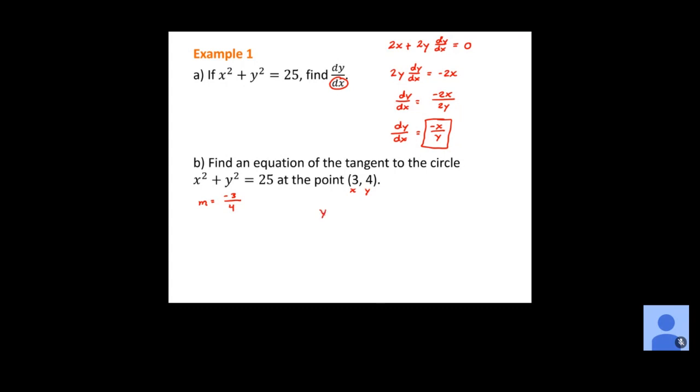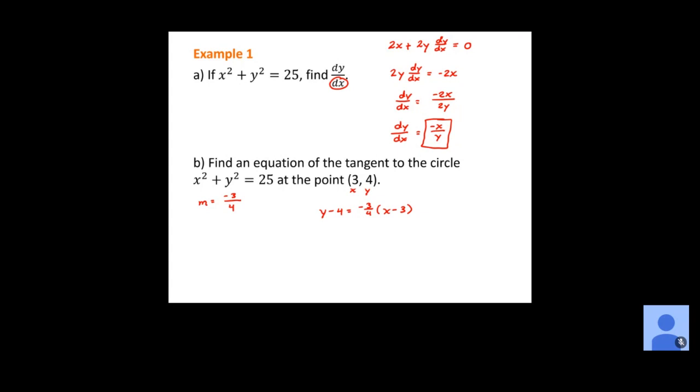So remember, that's just going to be y minus the y1 value, in this case 4, equals our slope, -3/4, times x minus our x1 value, which is 3 in this case. Again, that equation there is perfectly fine. If you want to distribute and get it in slope-intercept form, you can do that also. But that is the equation of our tangent line to our circle at the point 3,4.